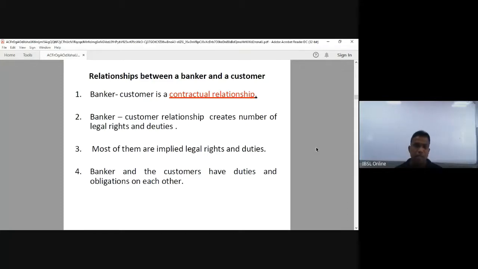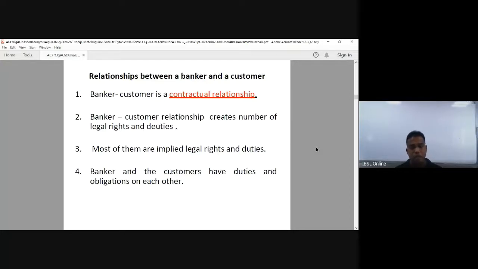If I summarize this, the banker-customer relationship is a contractual relationship. It's a contract. This contract is partly written and partly implied. Since it is a contract, it creates legal rights and duties. Most of the legal rights and duties are implied, that means not written.